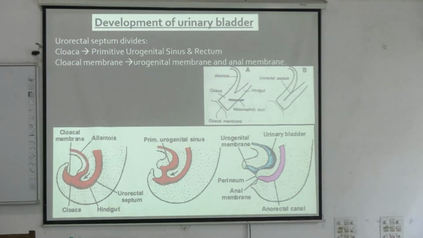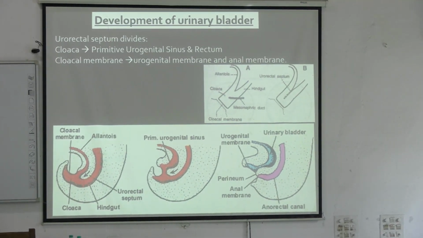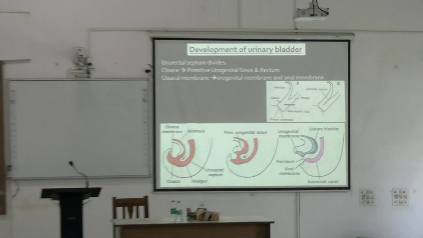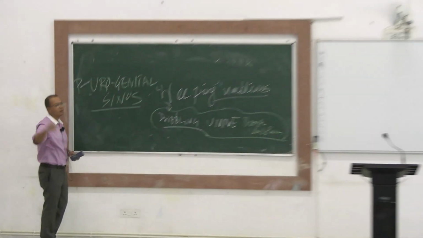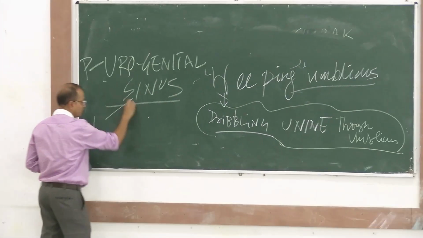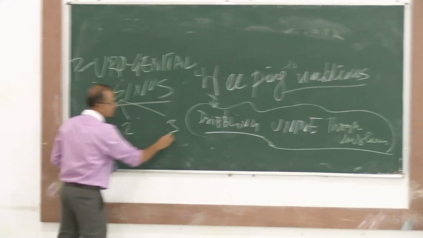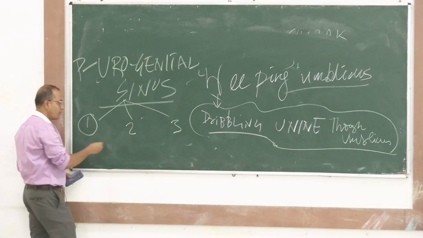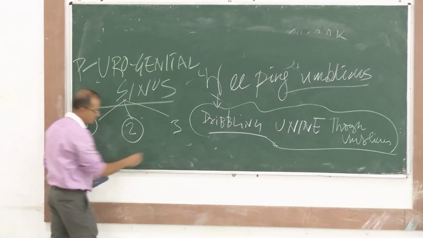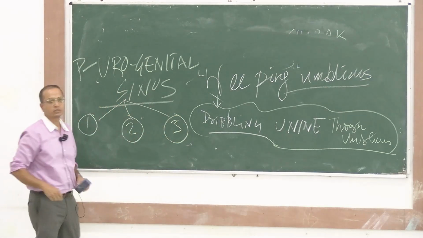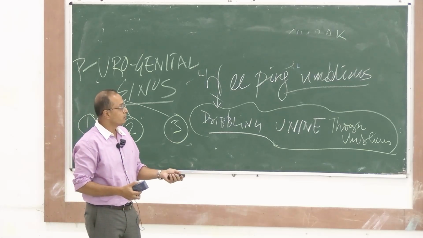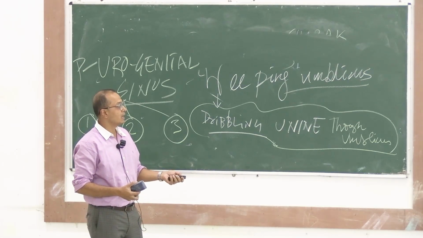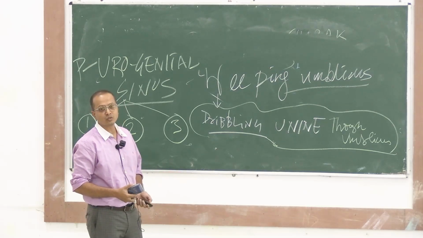We call it the primitive urogenital sinus. This primitive urogenital sinus has three parts: an upper, cranial or cephalic part, a middle portion, and a caudal or lower portion. This green one, which has a connection with the allantois, has three parts to develop.